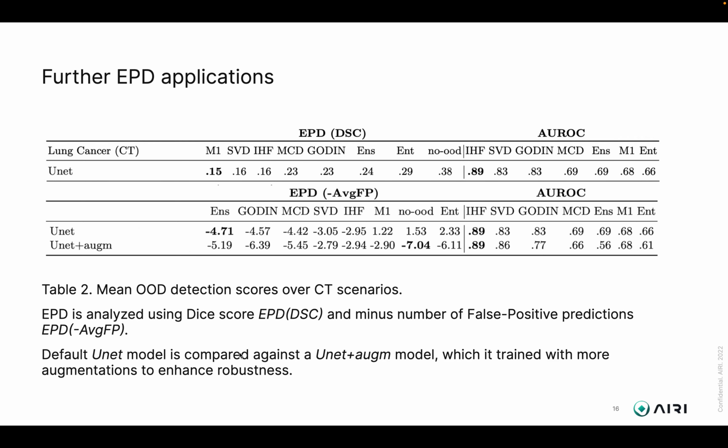Besides, one can enhance model robustness by appropriate training. When we train our UNet model with some heavy augmentations, it leads to a reduced number of false positive predictions, even without any out-of-distribution pipeline. None of these observations can be deduced from ROC-AUC scores.